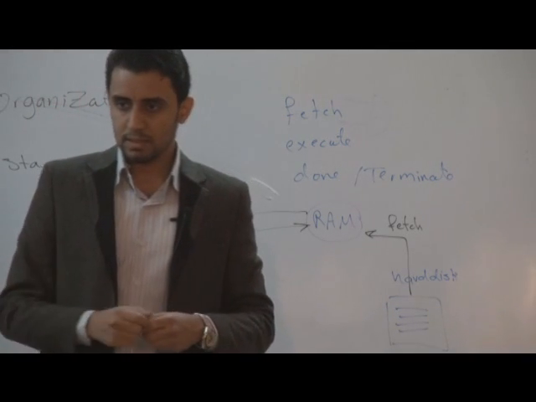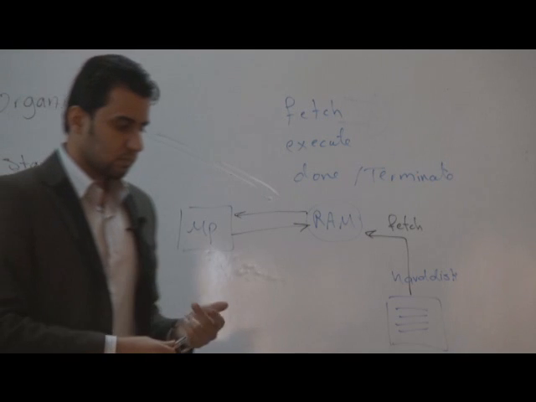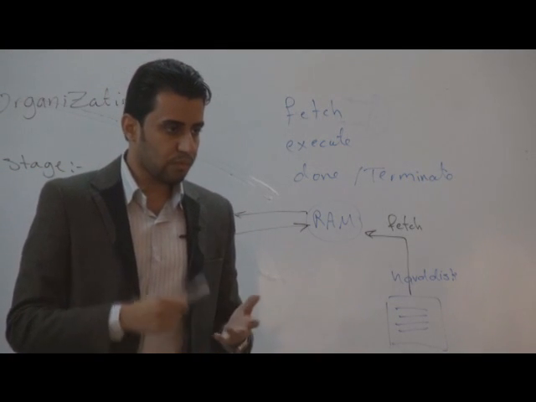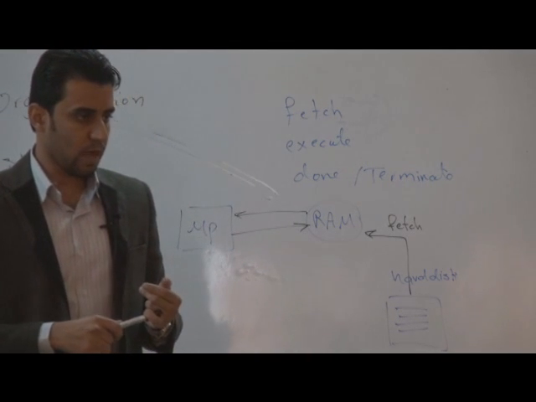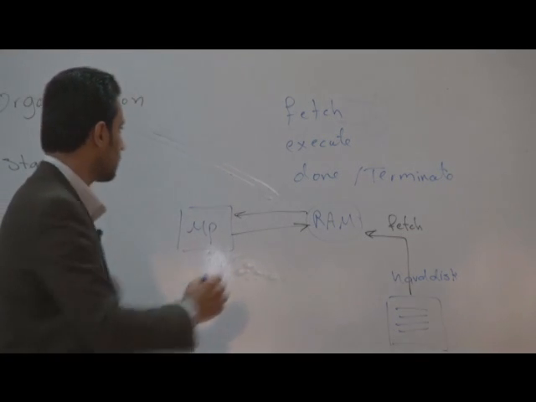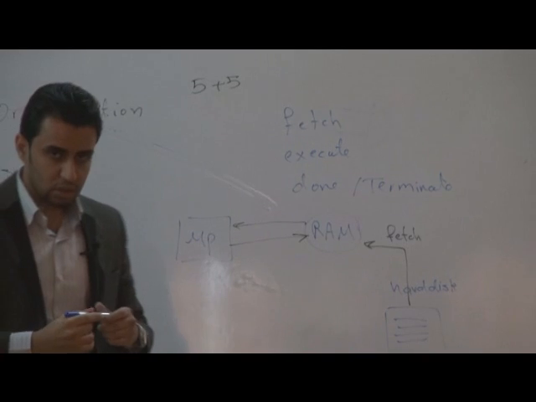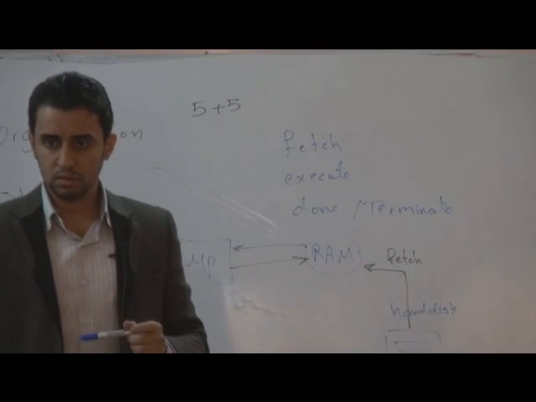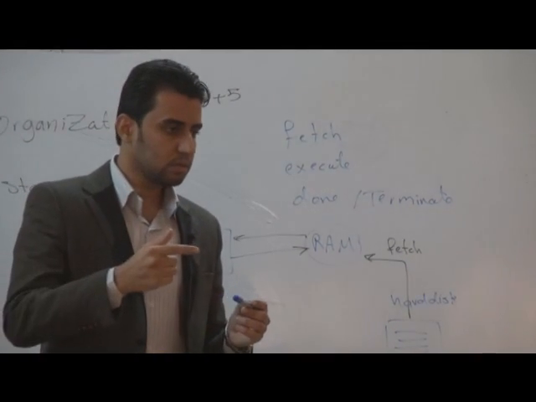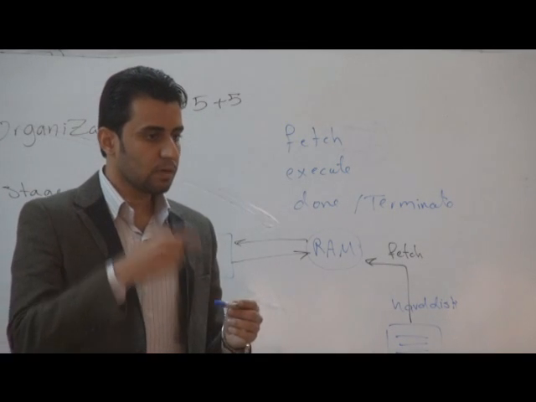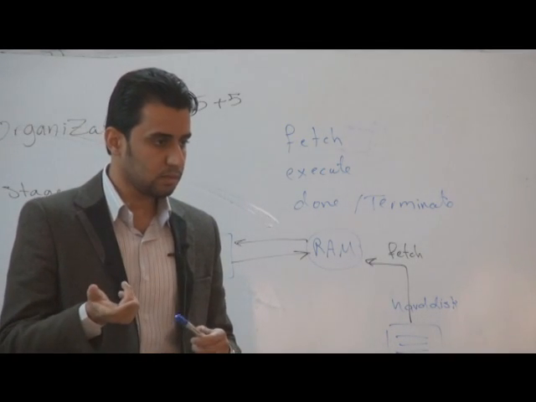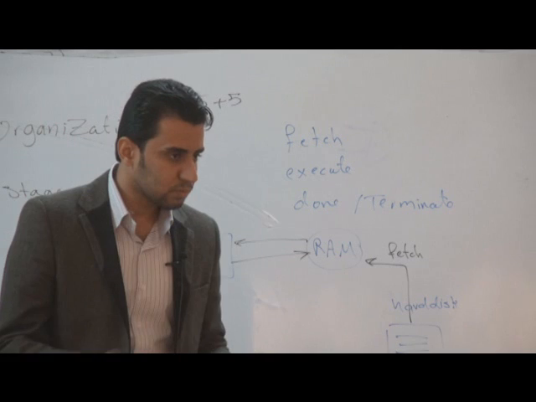For example, when I ask what is the summation of 5 plus 5 plus 5, I give this instruction to the microprocessor. The microprocessor processes that information and finds the result. But what I want to do now is terminate.